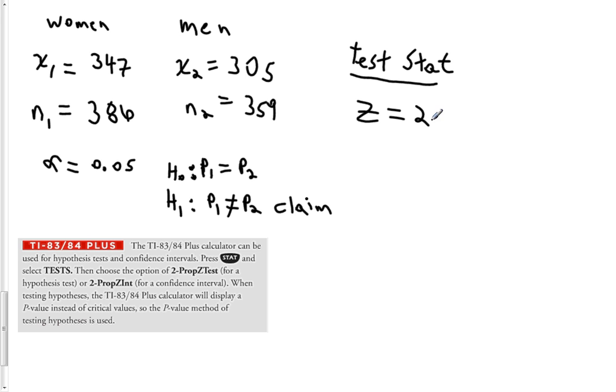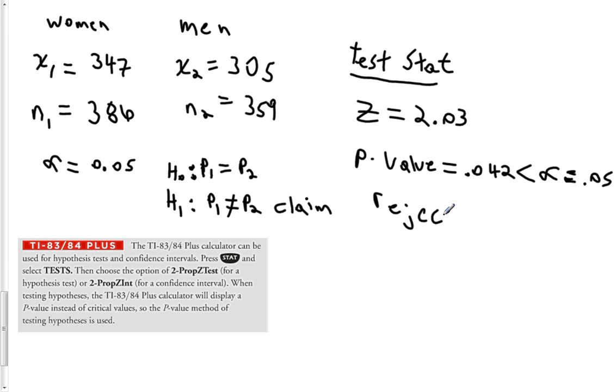The p-value for that test statistic, twice the area to the right of that test statistic, would be 0.042 actually. And based on this p-value being less than alpha, which is 0.05, we are going to reject the null hypothesis.